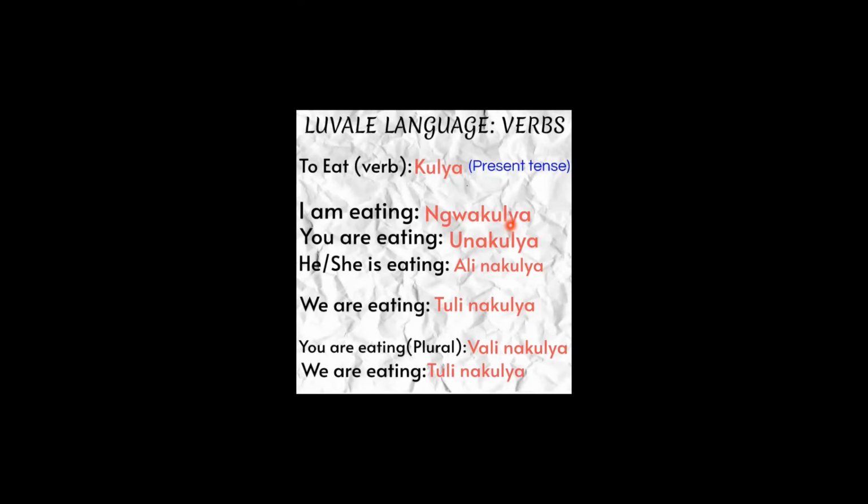Maybe if they call you, you are eating in the room, and they say, Jason, come outside. You say ngulinakulia, meaning I am in the act of eating. But if you just want to say I'm eating, you say ngwakulia or ngunakulia. They're all correct.